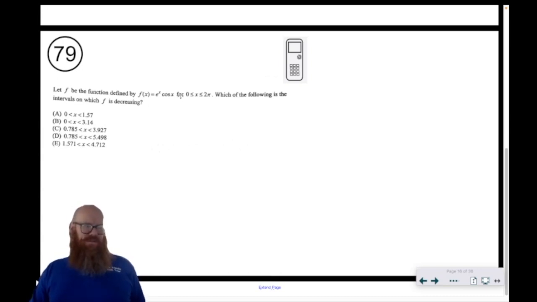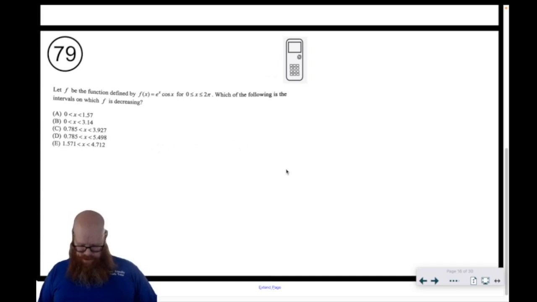Or we could find the derivative and graph that. But if we want to know its calculator and we want to know the intervals for which it's decreasing, let's just graph that function. So I'm going to go to the y equals, and I'm going to put in e to the x cosine x.